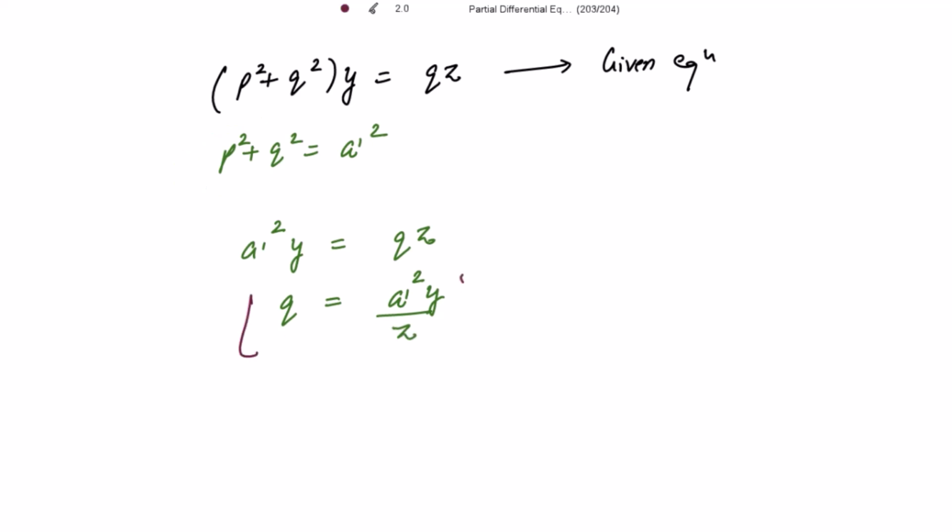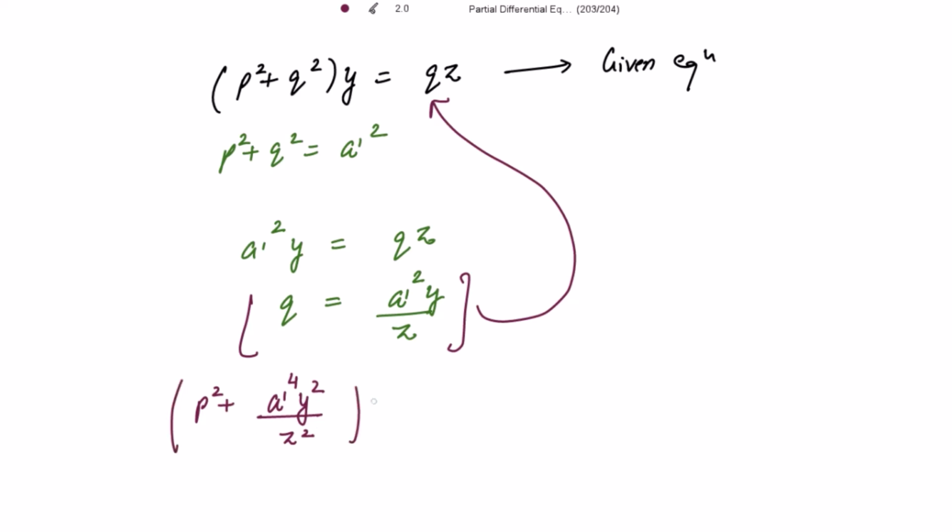To get the value of p, I am going to put the value of q in the given equation. So from the given equation we have p square plus q square, so we have a dash to the power 4 y to the power 2 divided by z square, into y equals q into z.